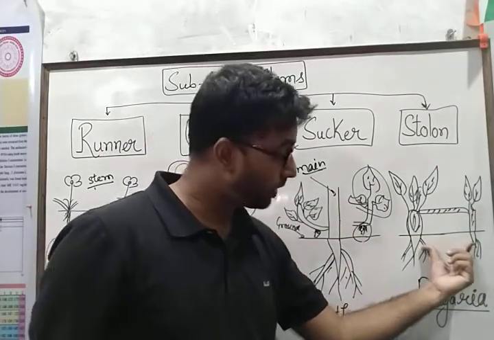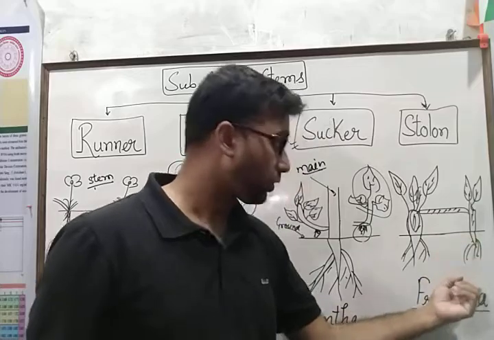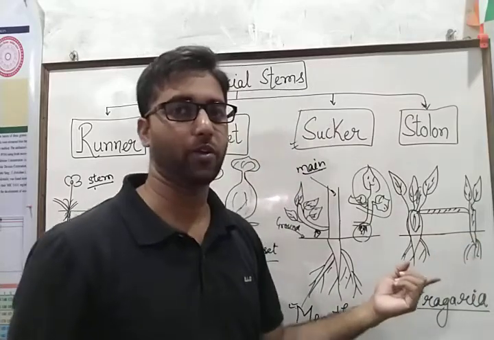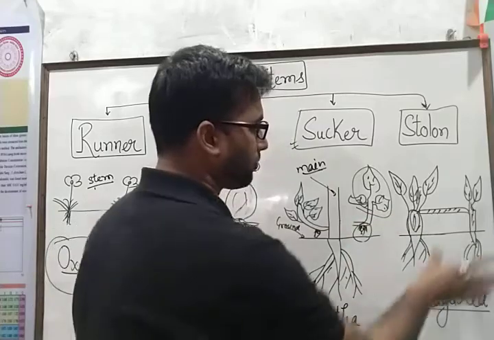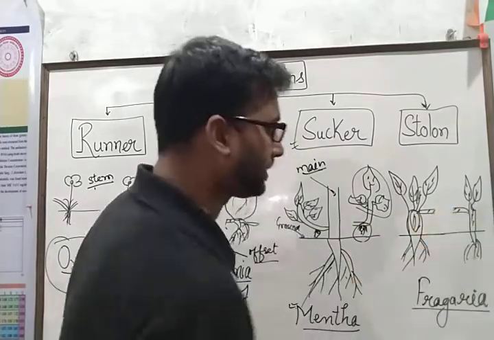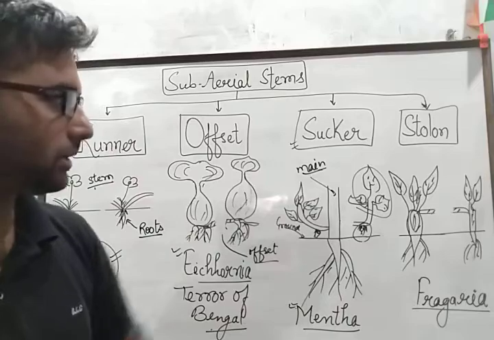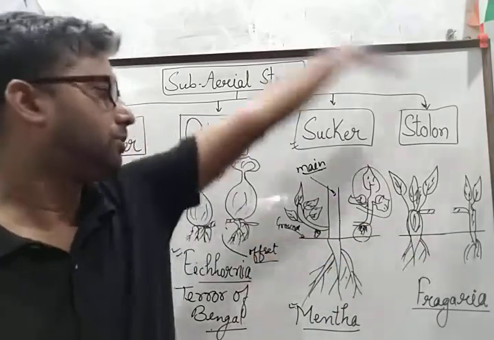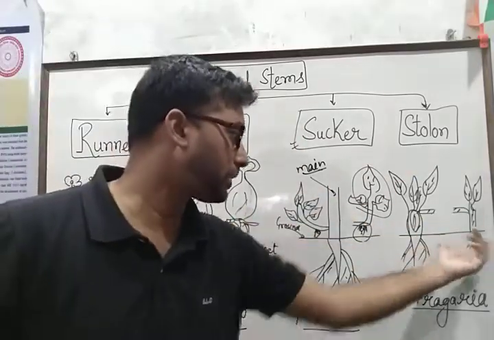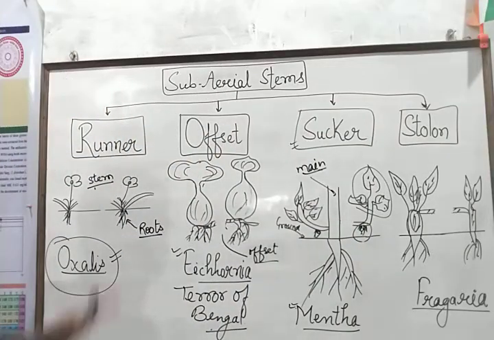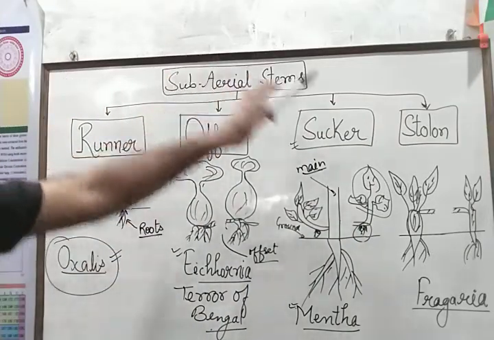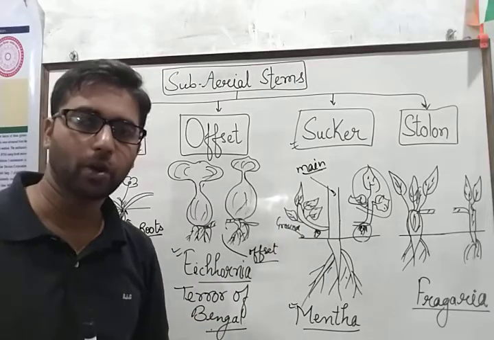And in both of these structures, roots are very well established inside the ground. So whenever you break this, or it breaks naturally, both structures again grow into new plants. So this is all about the subaerial stem method of vegetative propagation.